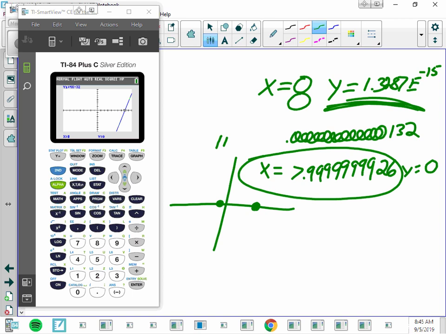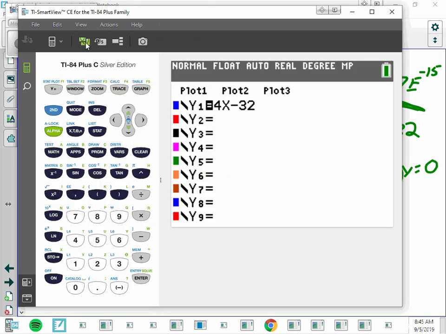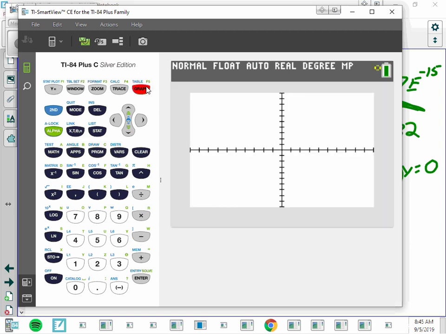All right. So the next one, number 14, is x squared minus 6x minus 27. Push graph. Okay, it appears as though the answers are -3 and 9.